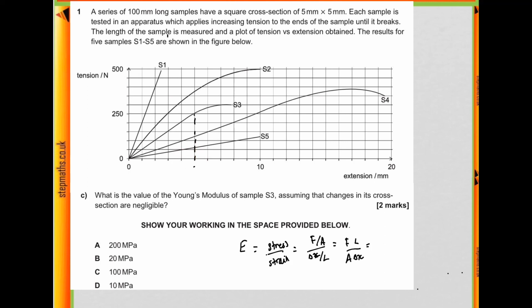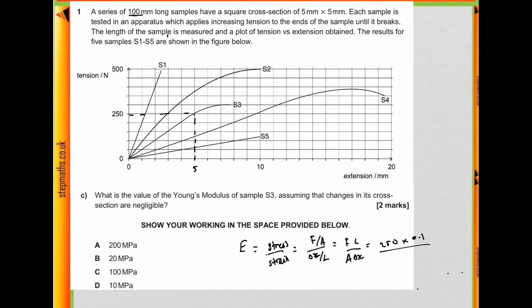So there's an extension of 5 millimeters here, and at an extension of 5 millimeters there is a force of 200 newtons acting on it. So we know that F is 250. Now we already know the length is 100 millimeters. In meters, what is that going to be? This is 10 centimeters, so this is 0.1 meters.